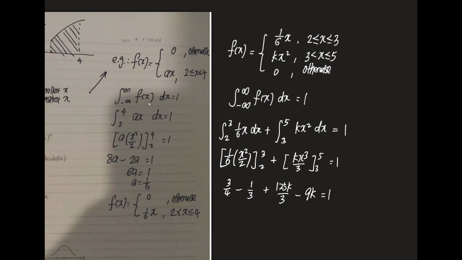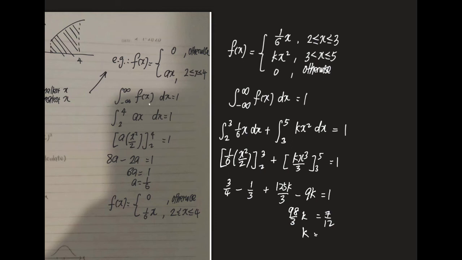So again, by solving this, we can find out the value of k. So let us just finish this. I get 7 over 12, plus 125 over 3 minus 9, I get 98 over 3 k.